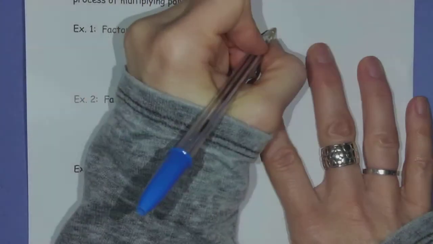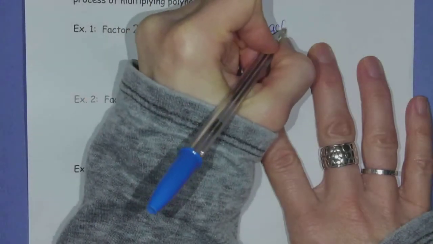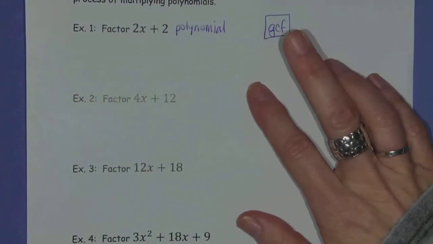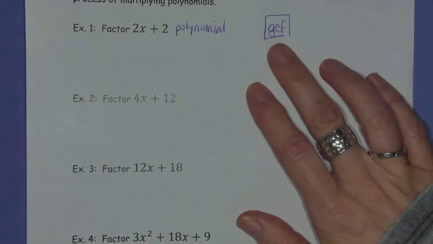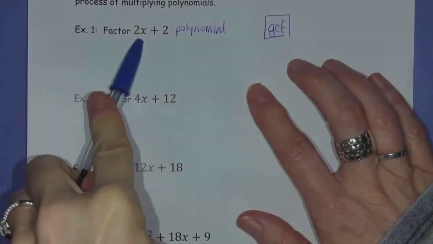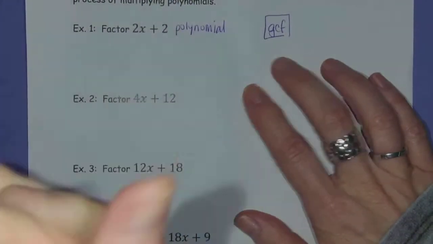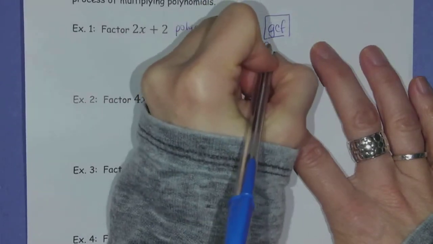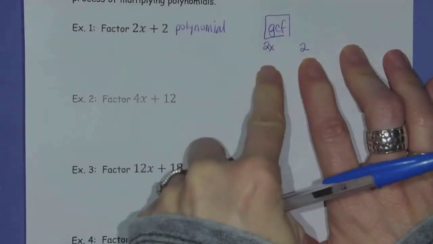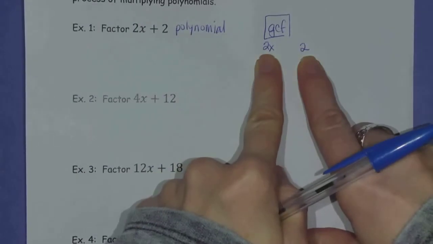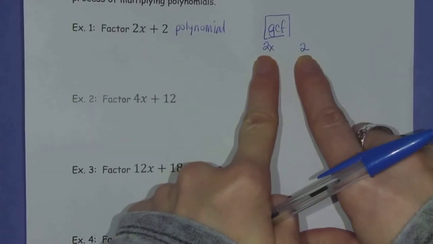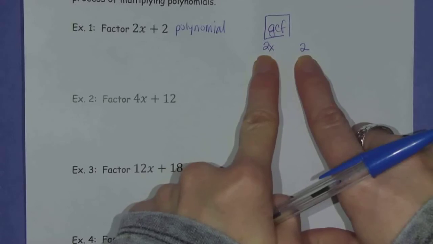So let's come off to the side and review GCF. My last lesson video was on GCF. The greatest common factor, you can find by hand by breaking down your terms into prime factors. So if I take 2x versus 2, I split up my two terms. 2 is already prime because it can only be expressed as 2 times 1.